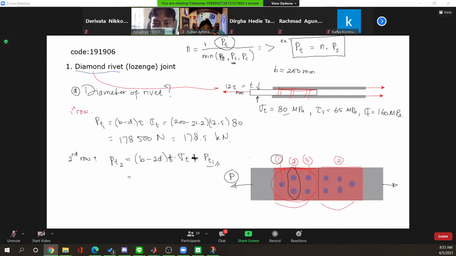So here for the second row, I'm sorry, I have a mistake here. This is not tearing, but shearing.